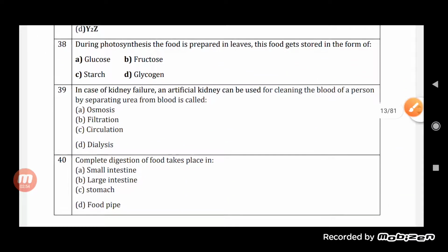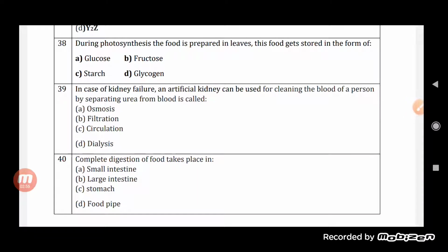Now see here, during photosynthesis the food is prepared in leaves, and this food gets stored in the form of what? You know that in the process of photosynthesis there is a formation of glucose, and this glucose is distributed to all the different parts of the plant.